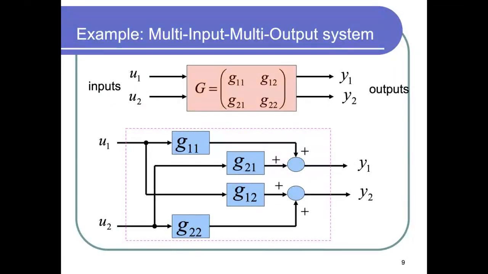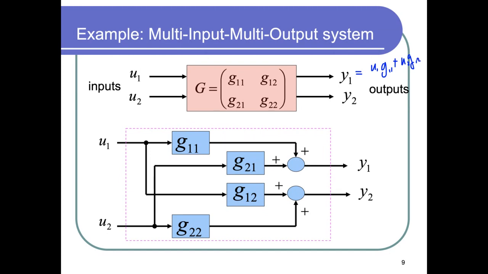If I have a matrix G representing the input-output relationship, then Y1 is simply U1 multiplied by G11 plus U2 multiplied by G12, right?